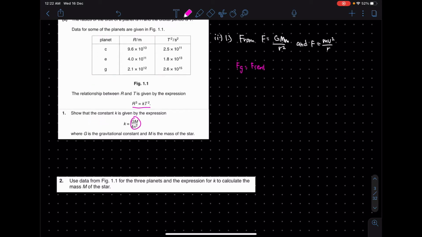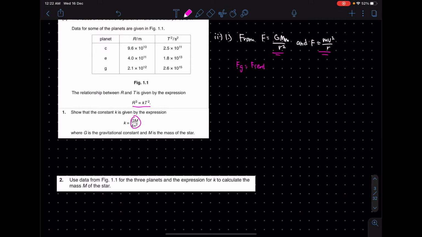I've written it up here already, as you can see. So we'll just continue to write that down, and we'll try and see if we can make something similar to this expression over here. First I'll remove the fractions, and at the same time I'll remove this 2m since you can cancel them out.